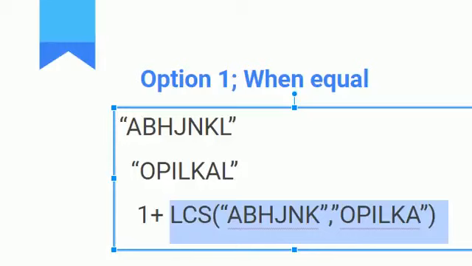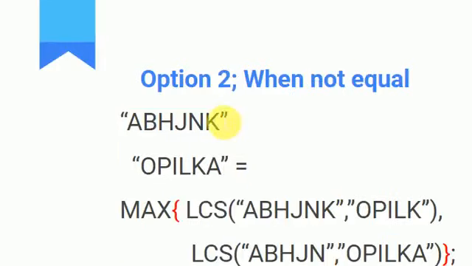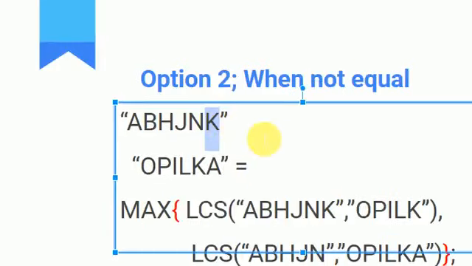Option 2, when the two letters are not equal. In this case we consider ignoring the last letters individually. So for example, I try to find the longest common subsequence ignoring the A. So this string is considered and till here this substring is considered.